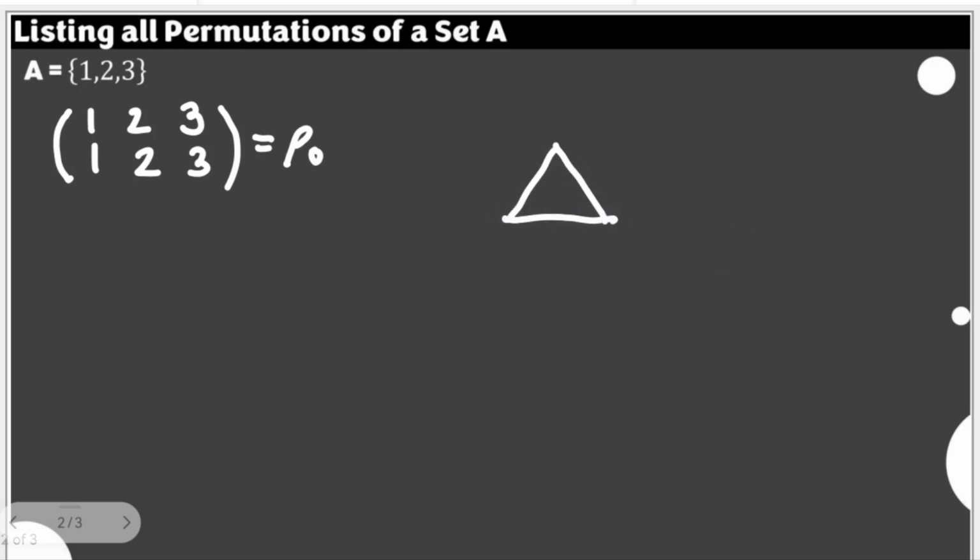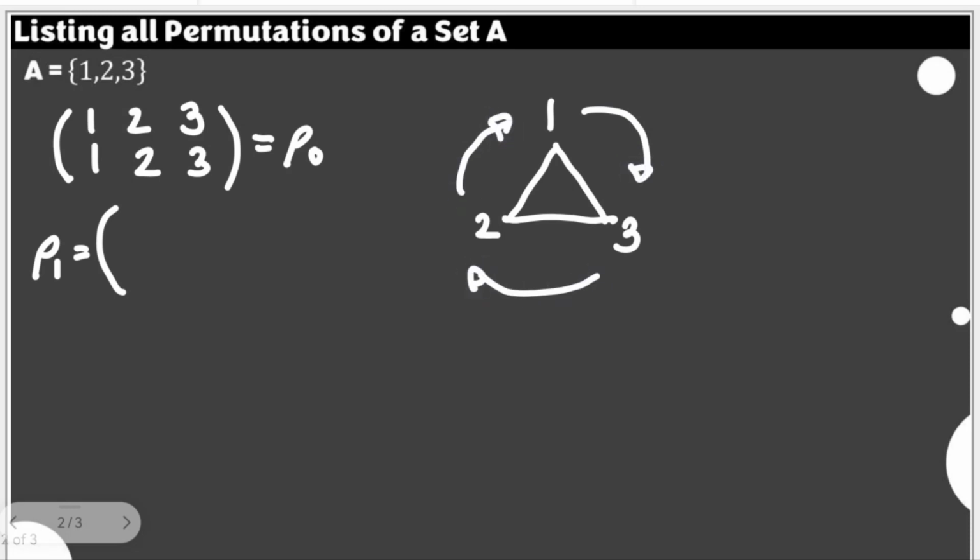We can list the rest of the permutations of set A by considering the set as an equilateral triangle. So you have your elements 1, 2, and 3. Again, the first permutation is the identity permutation where the elements are mapped to themselves. The second permutation, we can call it rho sub 1, is when we rotate the vertices of this triangle. That would mean the new positions of our vertices would be: this would be our 1 now, this would be our 3, this would be our 2.